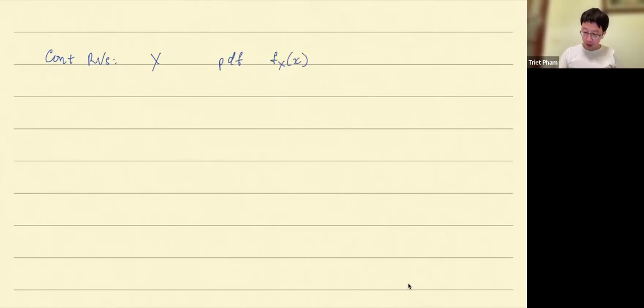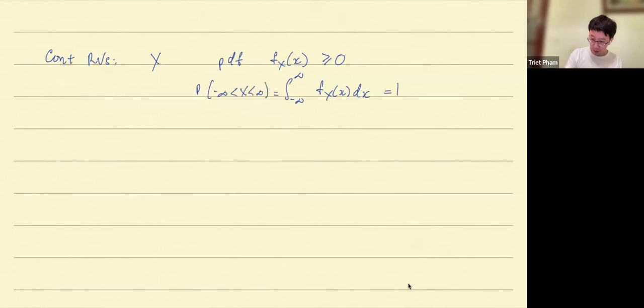That is non-negative, and the integral, or the area under the curve, is 1, which represents the probability that x takes on some value. In weird cases you might have a random variable taking on value infinity, but that's a little beyond our class.